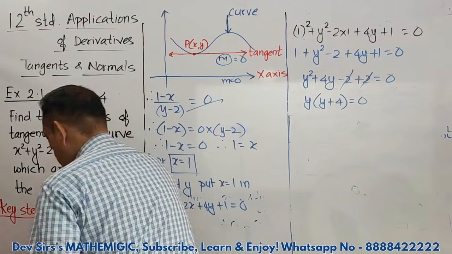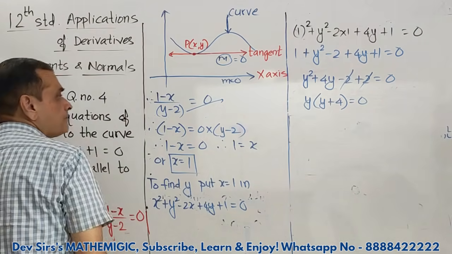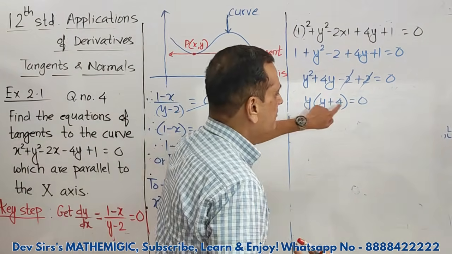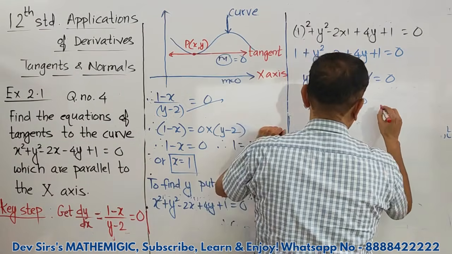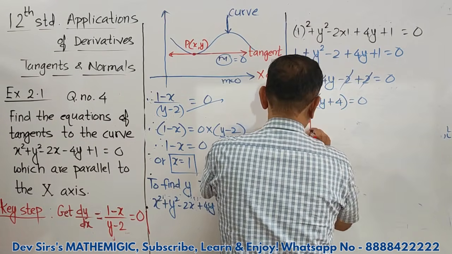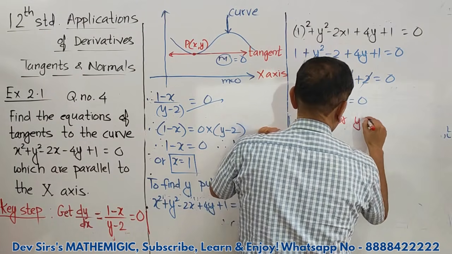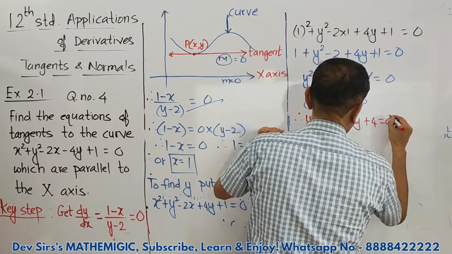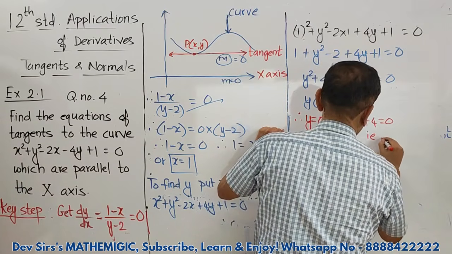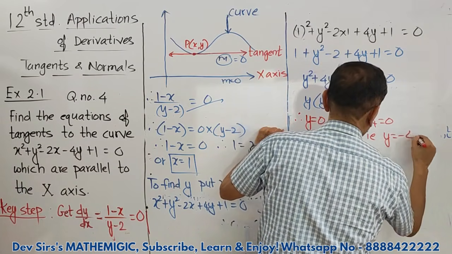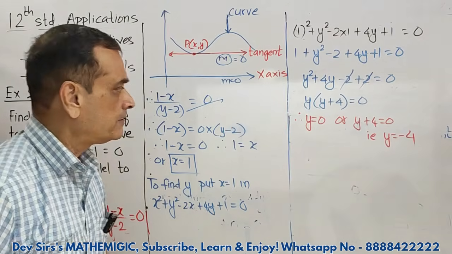One answer is y equal to 0 or y plus 4 equal to 0, which means y equal to minus 4. ऐसे दो आंसर आ रहे हैं.